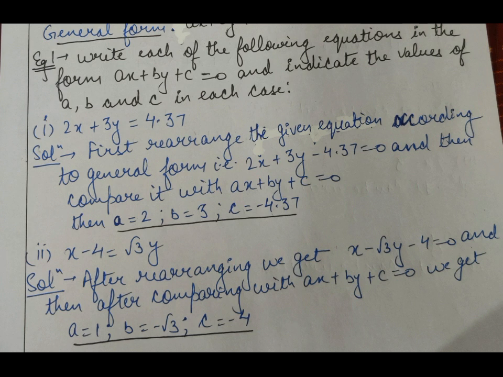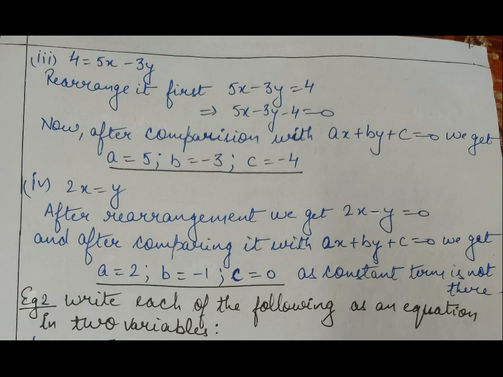That means we have just shifted our root 3y to the other side, and then we have rearranged it. And then after comparing it with ax plus by plus c is equal to 0, we get the values of a, b and c. That is a is equal to 1, b is equal to minus root 3, c is equal to minus 4.